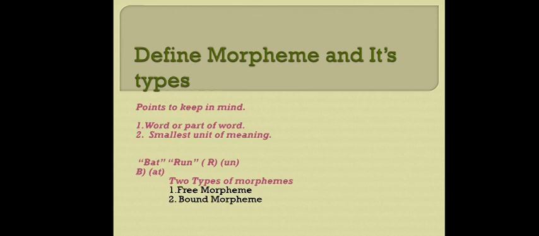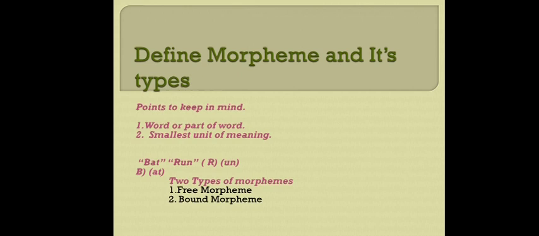Let's take an example of the word bat. So bat is a morpheme as well as a word. Run is a morpheme as well as a word. Let's take an example of another word like return.